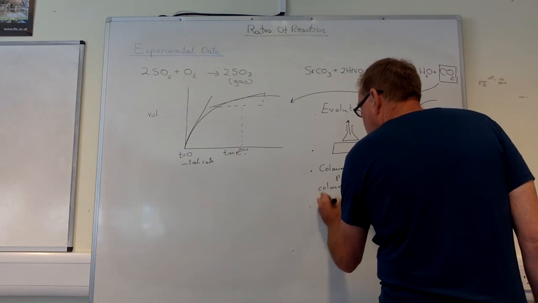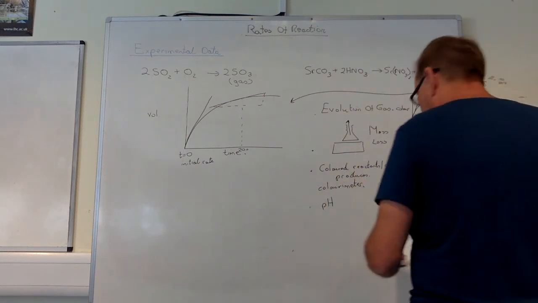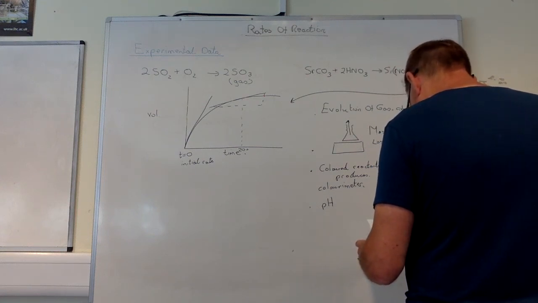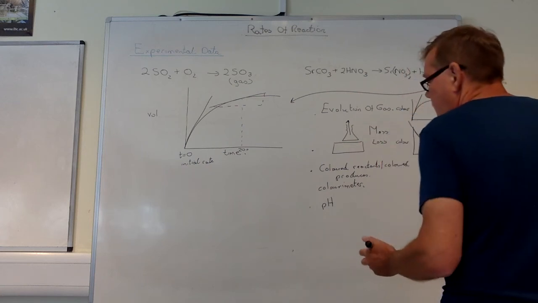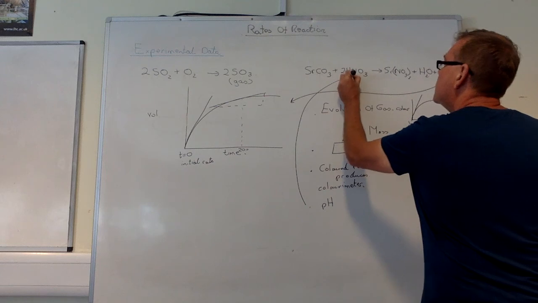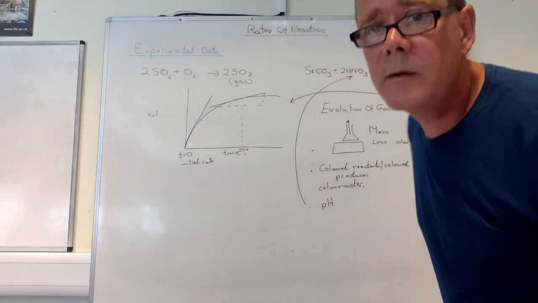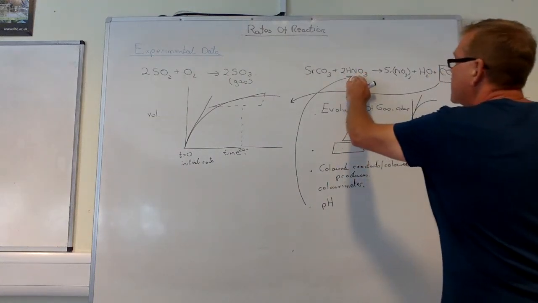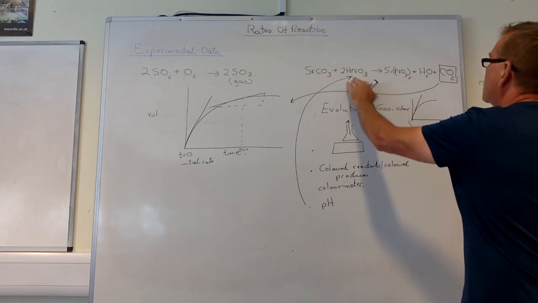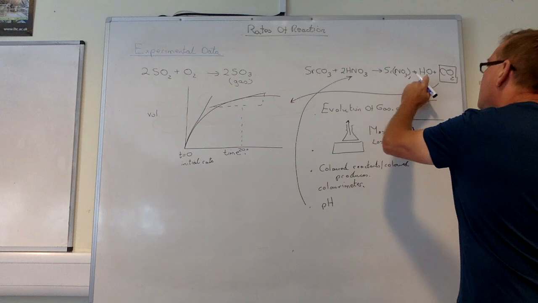pH, okay? You can continuously measure the pH, how it changes. Let's say we might have a reaction with nitric acid. The concentration of that nitric acid is going to go down as the reaction proceeds at a certain speed, from which you can calculate the rate.